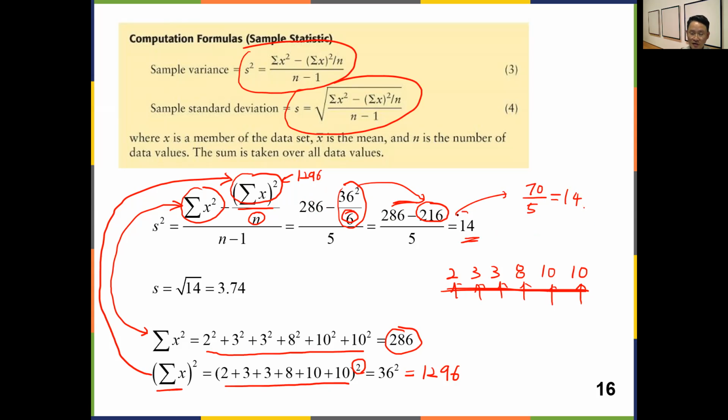Is this a variance value or a standard deviation value? What do you think? That's a variance value right here, S squared. And how do you get the standard deviation value? Like I said, all you need to do is take the square root and hit return, and that's the standard deviation value.